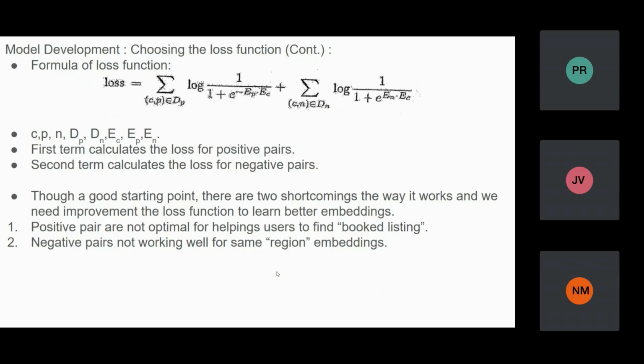Now, for the second thing, the negative pairs are sampled randomly from different regions. However, since users search within a certain area, this may lead to embeddings not working well for same region listings. So instead of negative pairs from a different region, we need negative pairs from the same region.